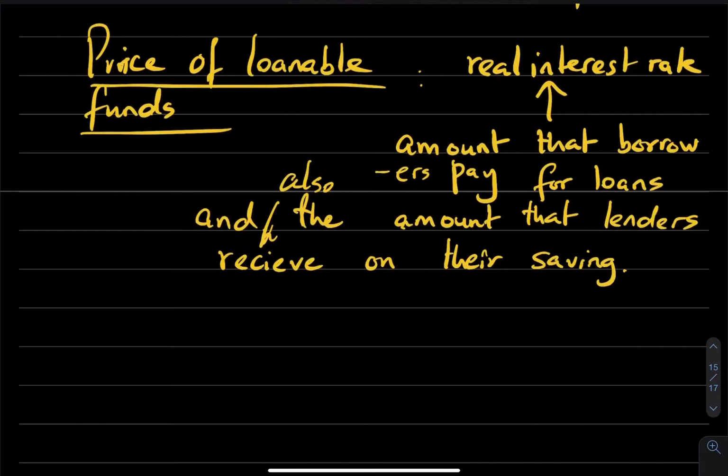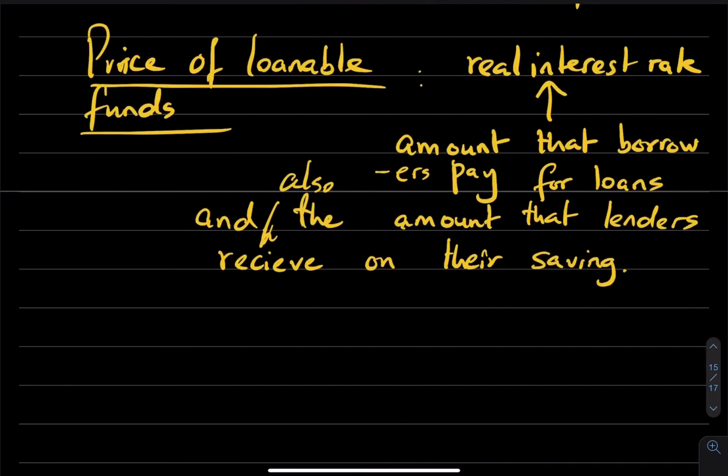Recall that our assumption was that the price of loanable funds is the same for borrowers and savers. Of course, in reality, these interest rates would differ. A bank perhaps would charge a higher interest rate to someone who's borrowing and give a lower interest rate to someone who's saving or depositing in the bank, and then the difference would make up for their profits or for any type of expense that they incur. But this is the idea.